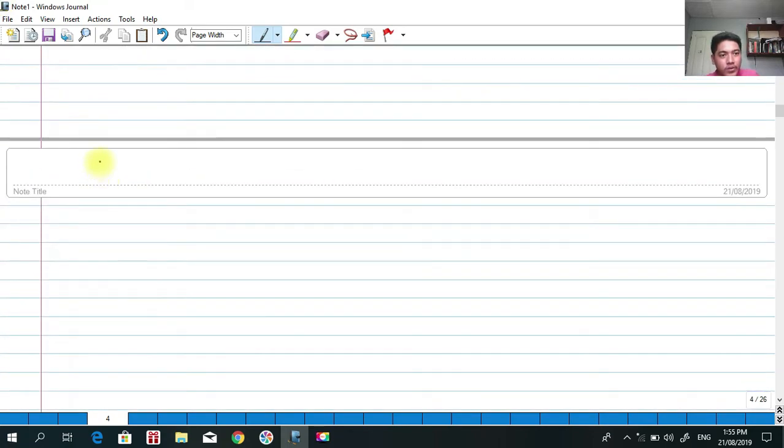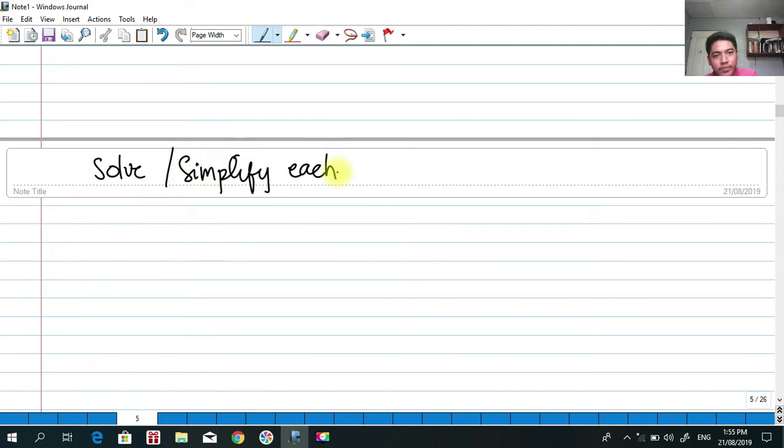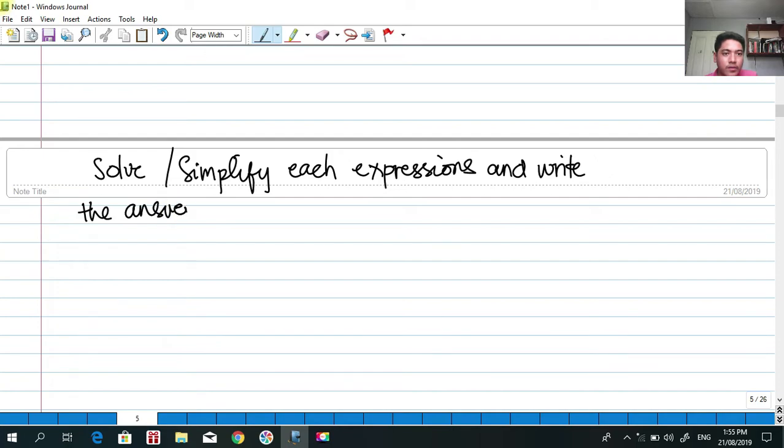So solve or simplify each expression and write the answers with positive exponents only.